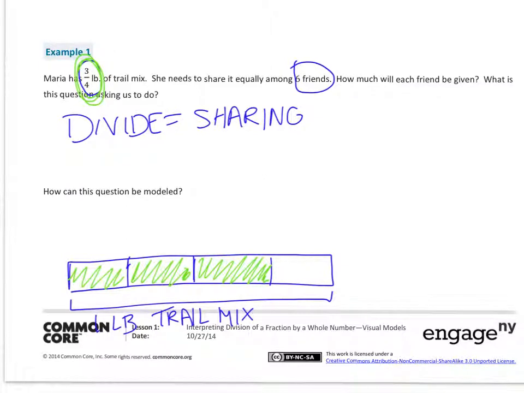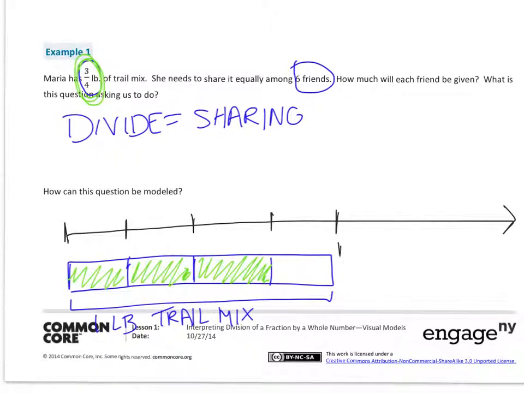And then, just to help me out, I'm going to draw a number line up here. Let's see. So I'm going to say this is 1, 3/4, 2/4, 1/4, and 0, because all number lines start at 0.